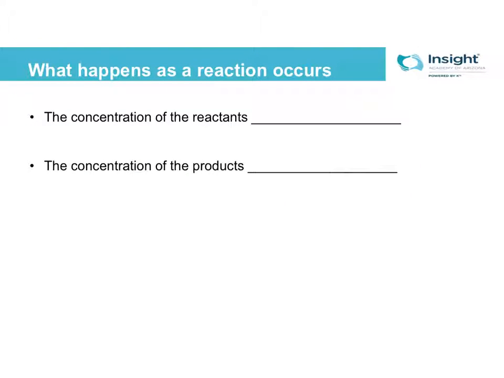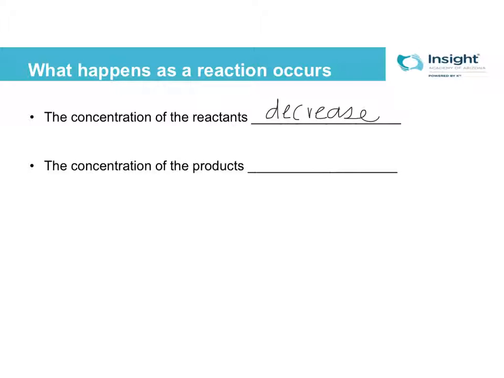So first off, you should already have an intuition on this: when a reaction happens, what's going to happen to the concentration of your reactants? Should that go up or down? As long as you remember that reactants are what you put into the reaction, what you start with, the concentration of your reactants is going to decrease as the reaction occurs.